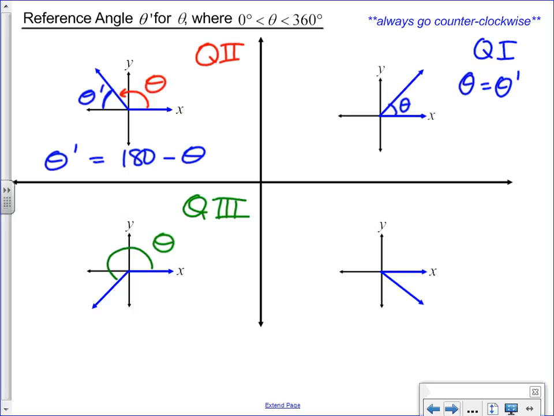So the reference angle, again, is the little piece that is the closest to the x-axis. Would it be over here to the right, or to the left? No, this is not closer. This is closer. It's the one on the left. So it's the closest to the x-axis right here. That's your reference angle.